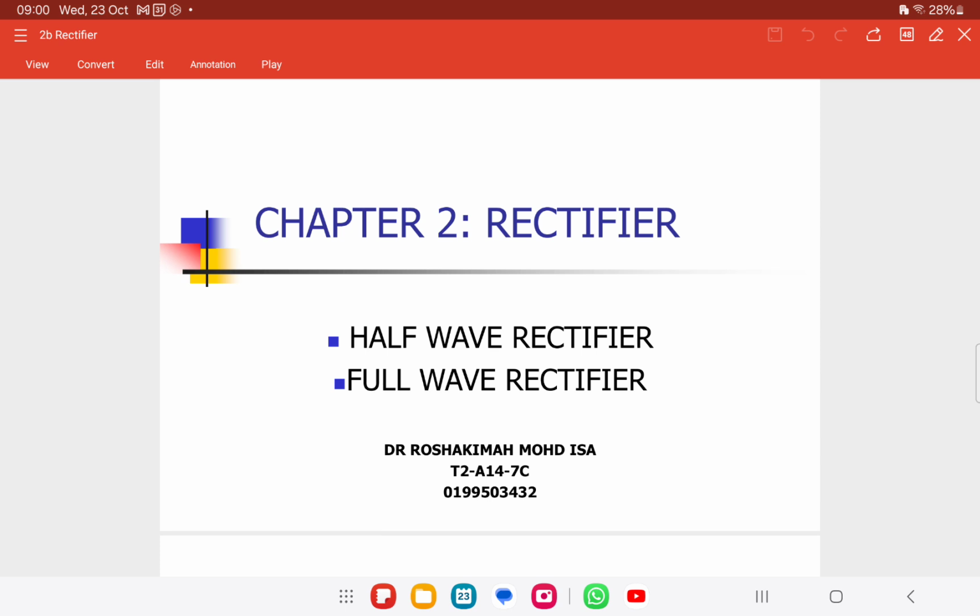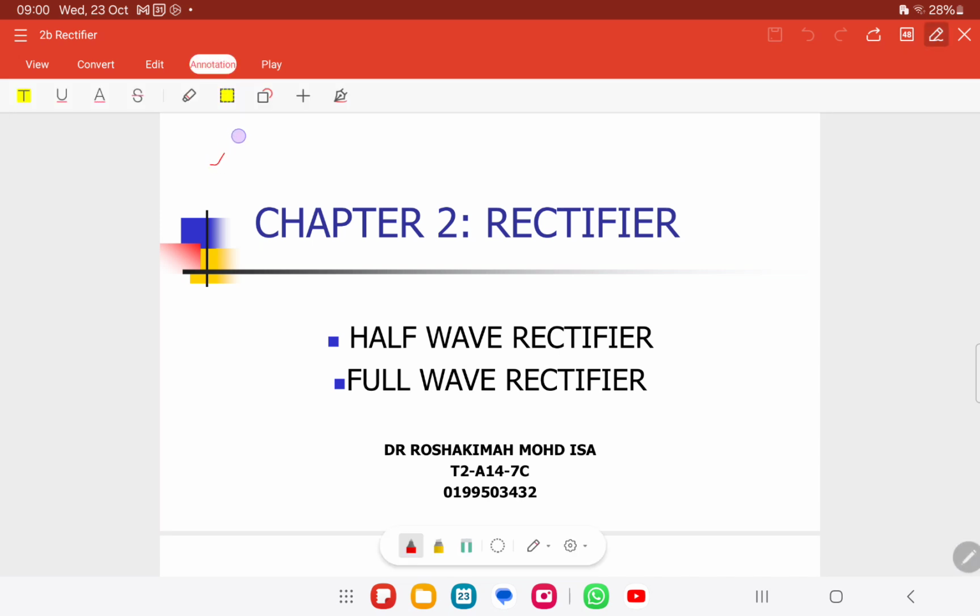Okay, so this rectifier is actually, apa saya tulis? Rectify is to set right, ataupun we want to put something in a correct value lah. Okay. And rectifier is actually we use to convert the AC signal into DC signal. Okay.